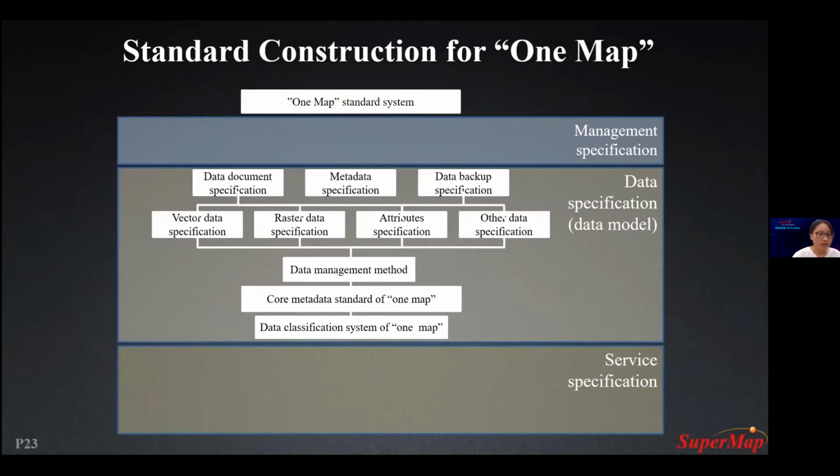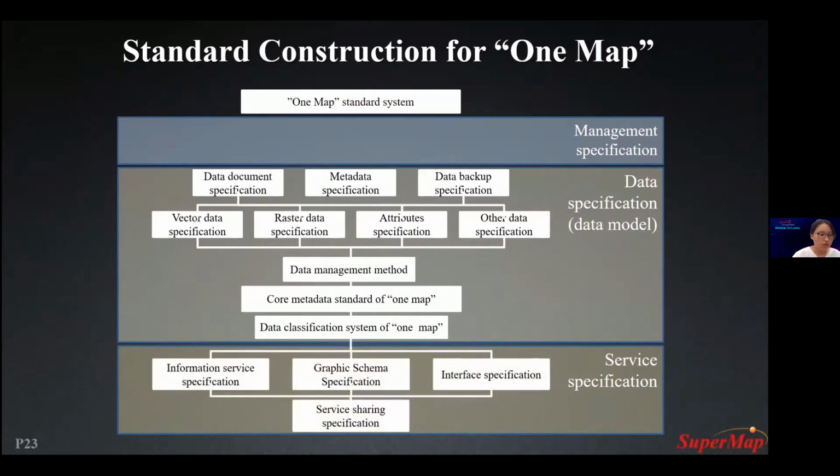Then the data classification system is divided into information service, graphic model, and interface specification, and their respective specifications are established to generate service sharing specifications.